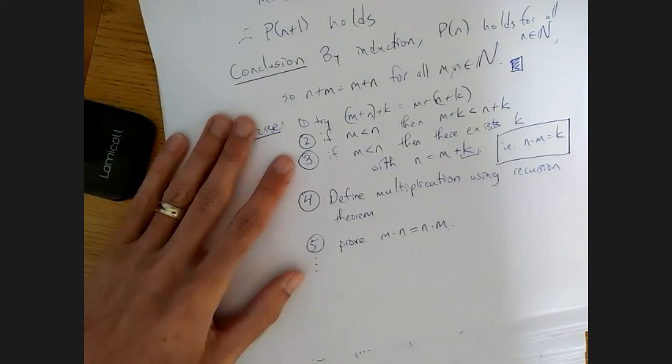That is as far as the natural numbers goes. We're gonna stop there. We might do a couple more examples on Wednesday. And then next up would be the real numbers.